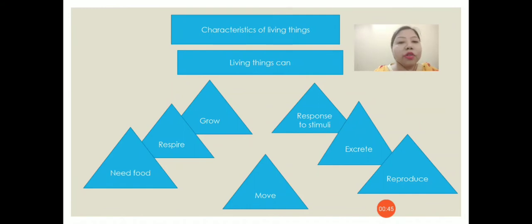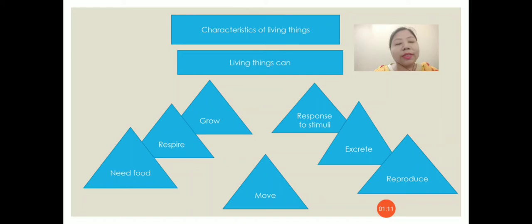Living things respond to stimuli. That means they feel. If we touch a hot object, we will feel the heat and we will remove our hand immediately. So, that means we are feeling and we are responding to stimuli. Living things also need to excrete the waste products from their body because accumulation of waste product is harmful for the body of the living organism.